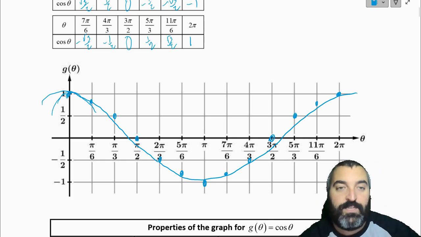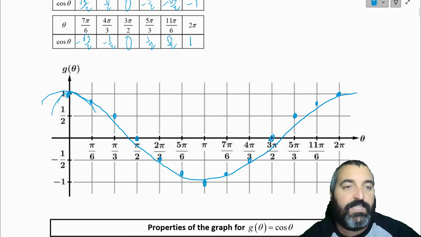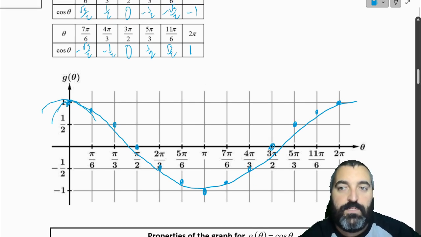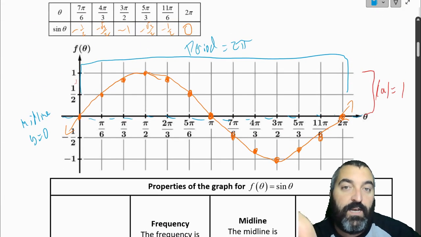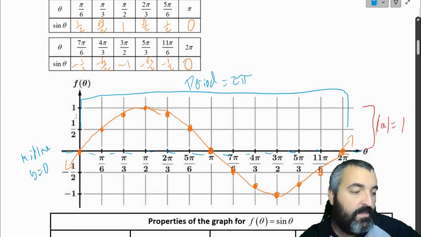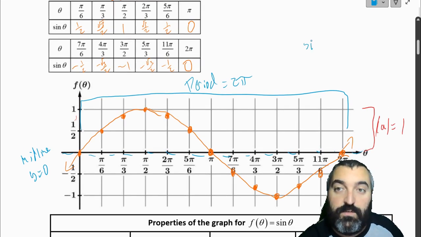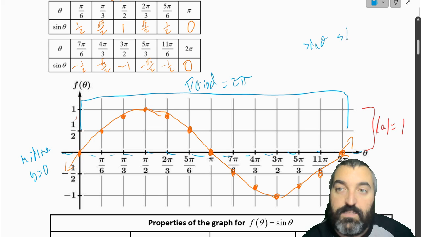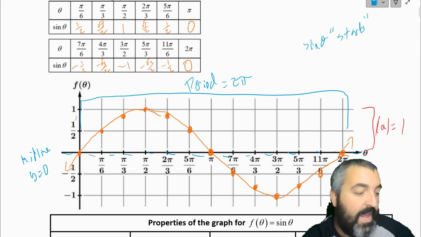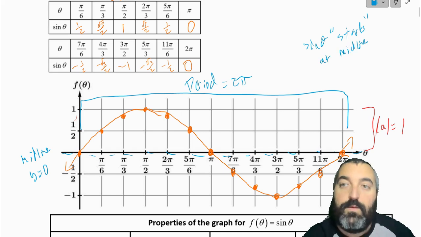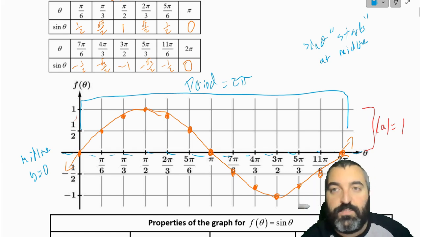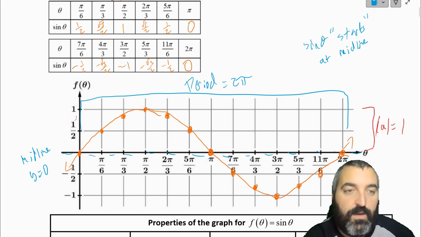If you look at a cosine graph and a sine graph, they look identical. The key to know the difference between them, at least without shifts, is that sine starts, and I put quotes around that, at the midline. I say starts; the y-intercept will be the midline.